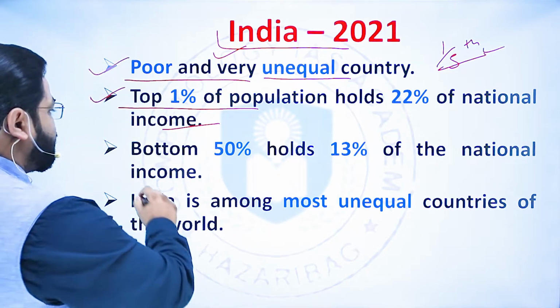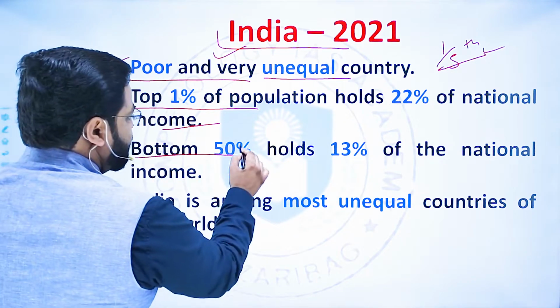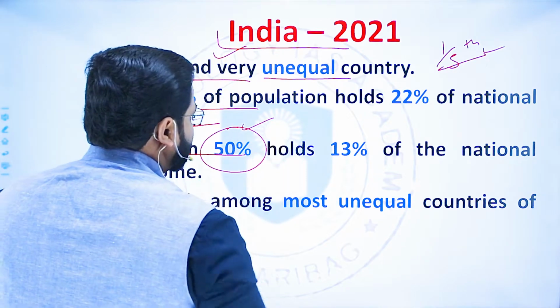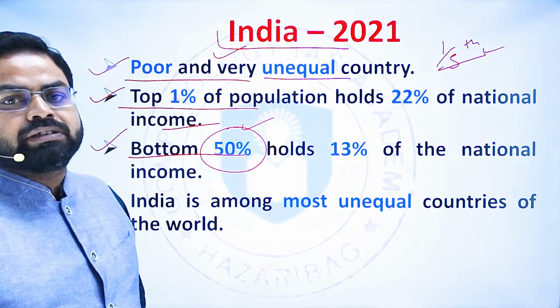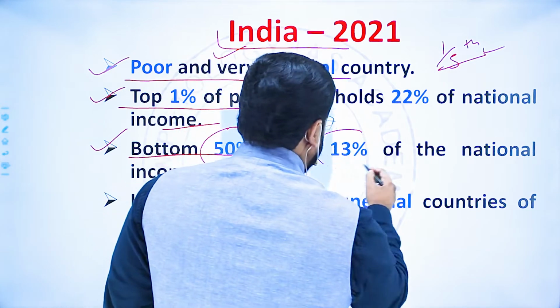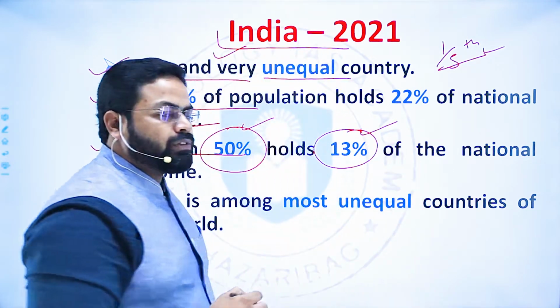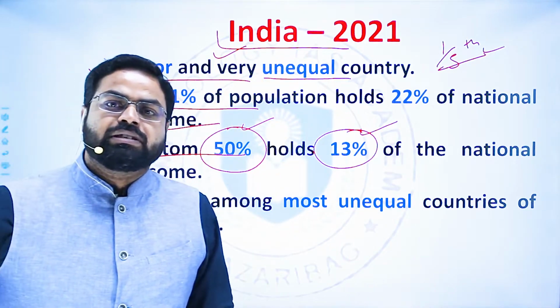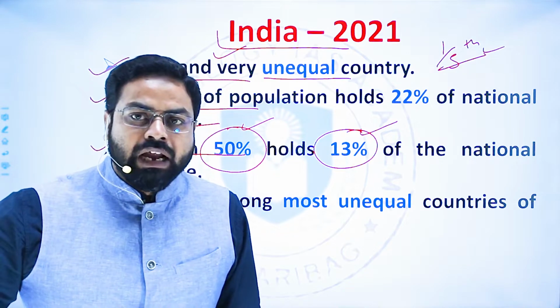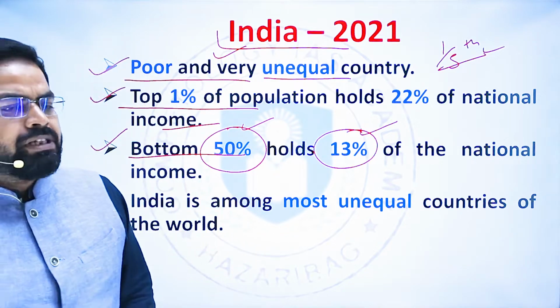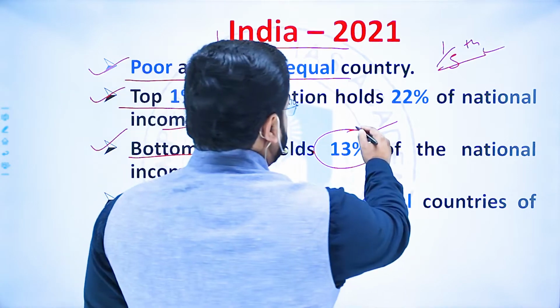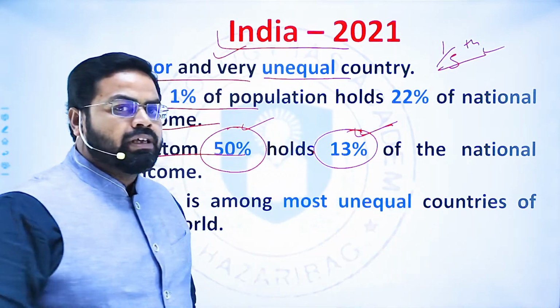And if we talk about the bottom 50% of the population, they receive only 13% share of the national income. This is the situation in India, and this is a very lamentable situation if we talk about the distribution of national income and wealth.